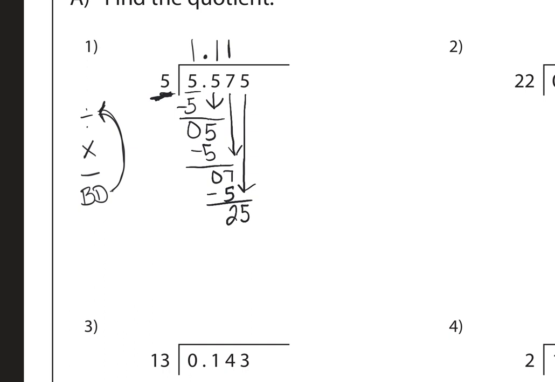Once I bring down, I begin again. I go all the way back to the top again and I divide once again. 5 goes into 25, 5 times. 5 times 5 is 25. I have 0 left over with nothing left to bring down, and I am finished. My answer is 1 and 115 thousandths.